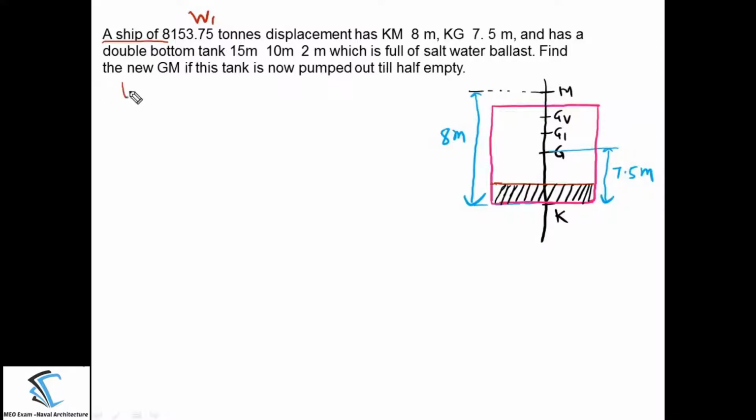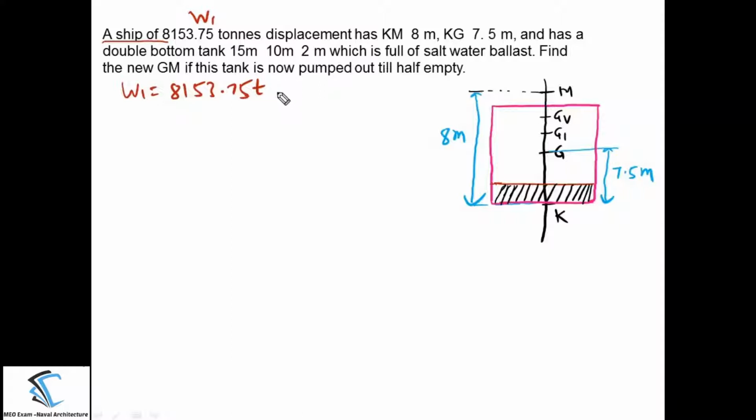Let me call that W1, 8153.75 tons. This includes the weight of the ballast water which is there in the double bottom. Now what we are doing, we are pumping out half of the water which is there in the double bottom.